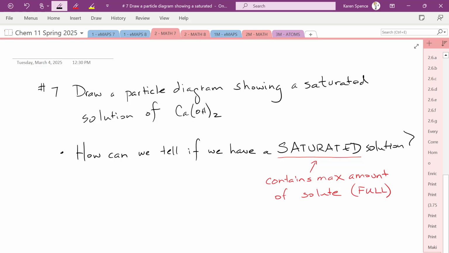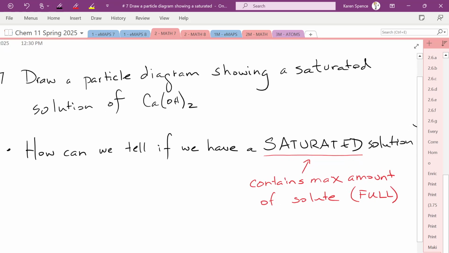Give me some ideas. Yes? A saturated solution is where the max amount of solute is contained, which means that it can't recrystallize anymore. Well, it actually can recrystallize. So I'm glad that we're getting this out, because it actually does recrystallize. Essentially what it means is that you can't dissolve any more solute into it, because it is full.